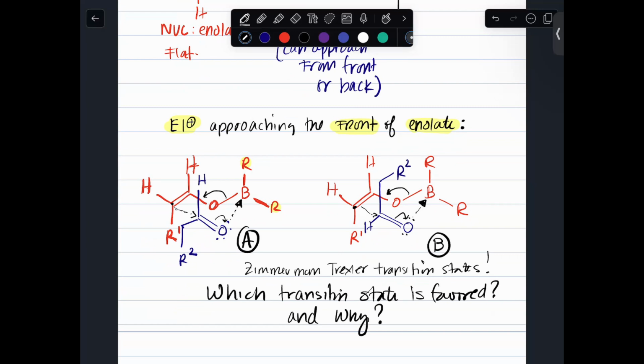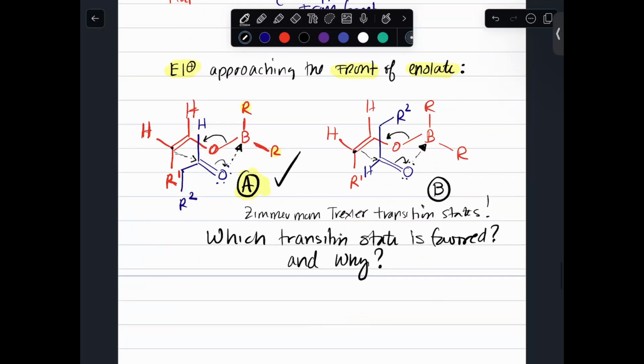The one that is favored is transition state A. Why? You have to remember chair conformations. Okay. And in chair conformations, structure B has what's known as 1,3 diaxial interactions.